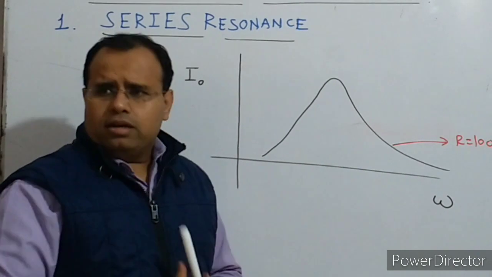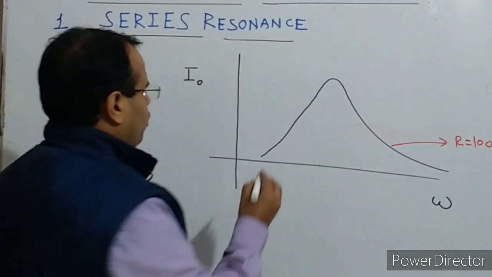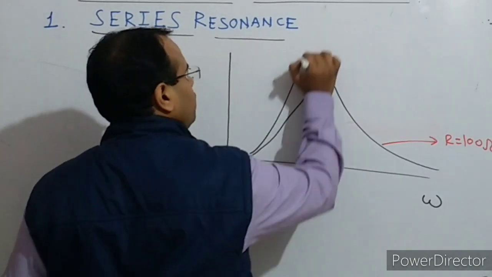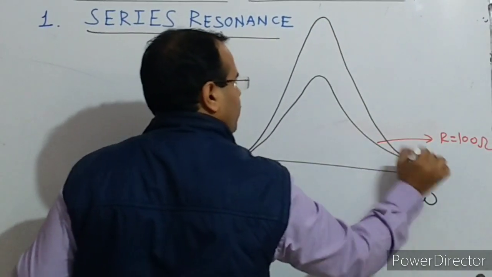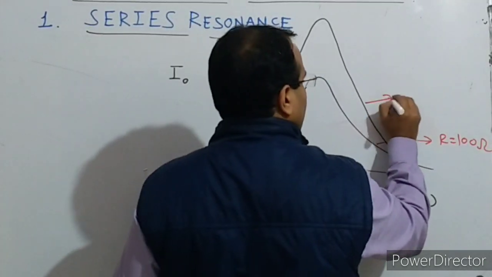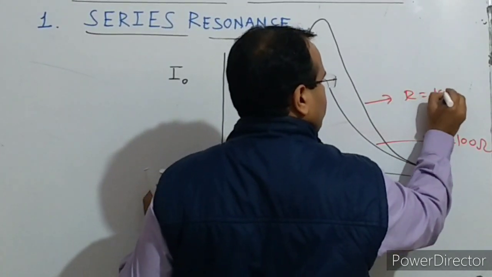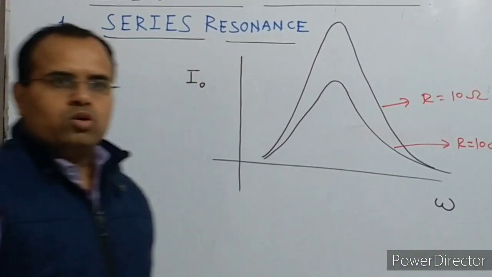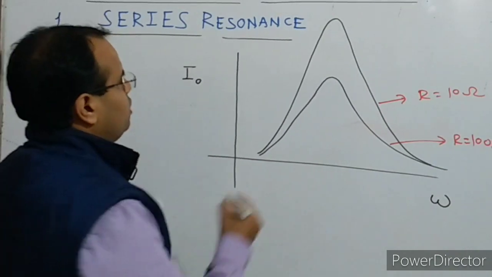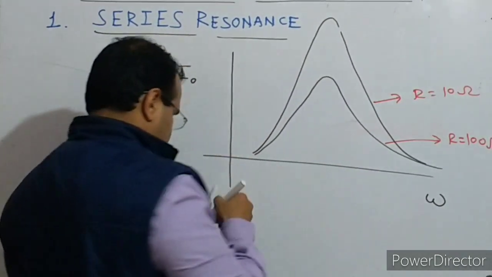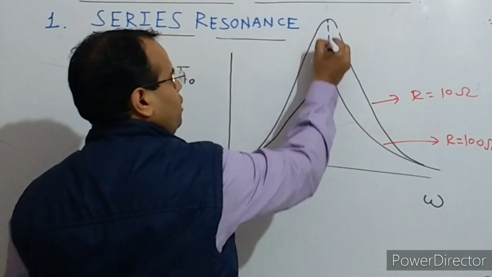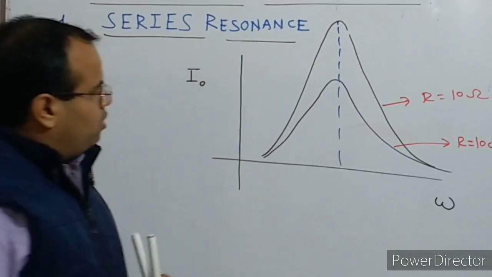And next we are plotting for another one in which the value of R is 10 ohm. Here the value of capital R resistance is 10 ohm. So for these two different values we are plotting a graph, and one thing is common here: for a particular value of frequency the value of current becomes maximum.